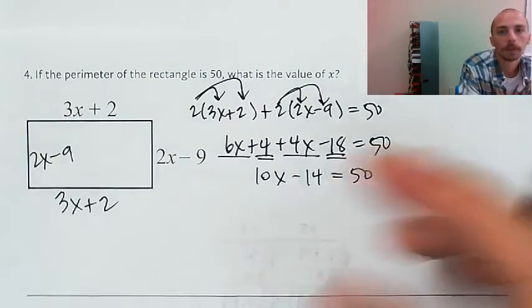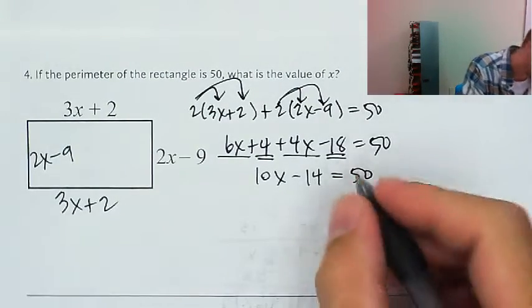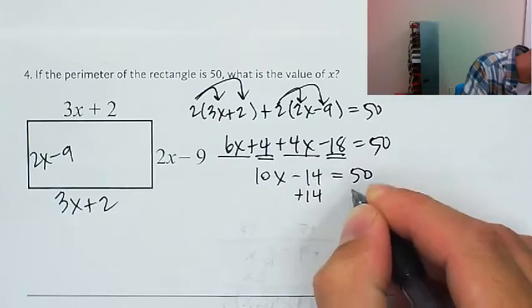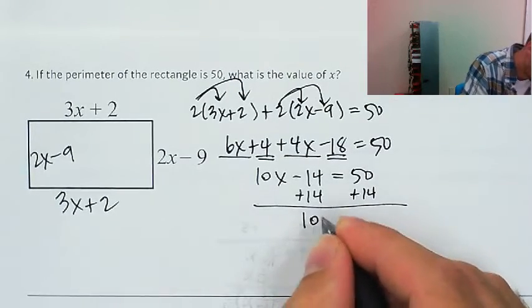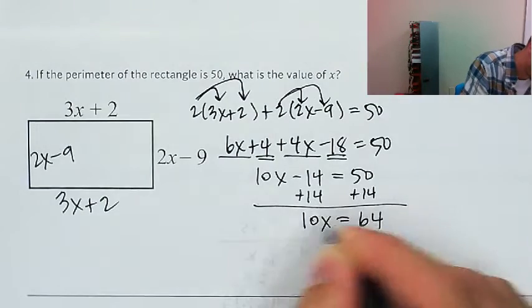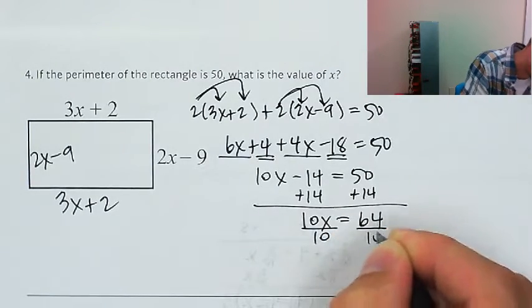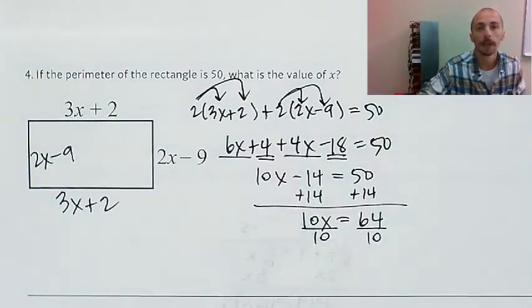Okay. Now I've got to solve for x, and I'm going to start with adding 14 to both sides. Okay, and then I'll have 10x equals 64, which I can divide both sides by 10 to get at x, and that's going to be x equaling 6.4.